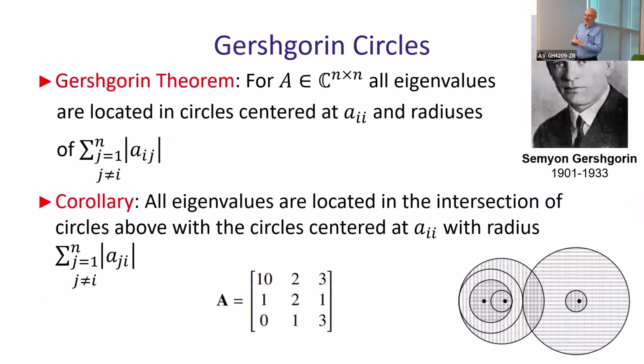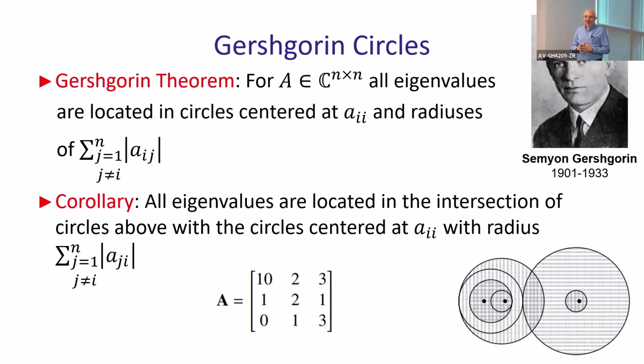All right, another fun theorem with which I loved to play when I was doing my master's degree. Very interesting theorem, how you estimate or approximate the location of eigenvalues without actually computing them, in a very, very simple form. That's called the Gershgorin circles theorem.